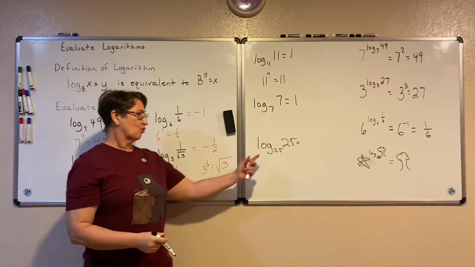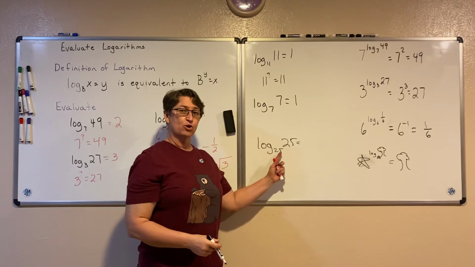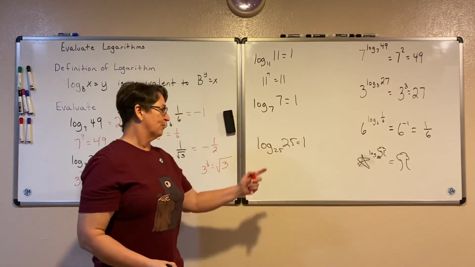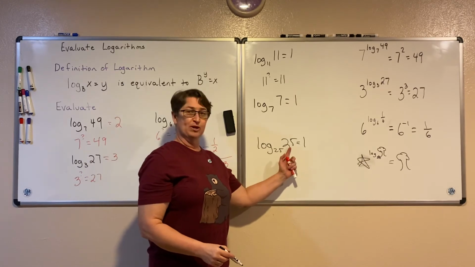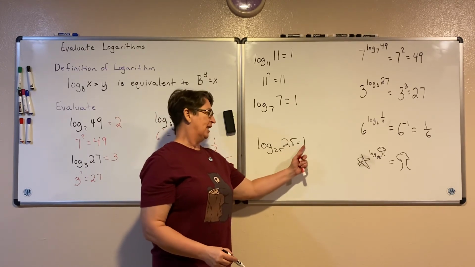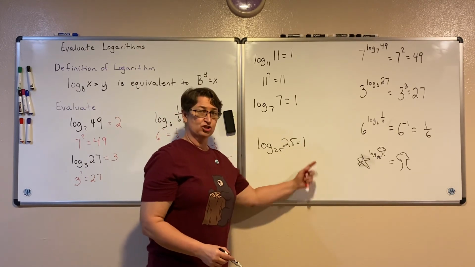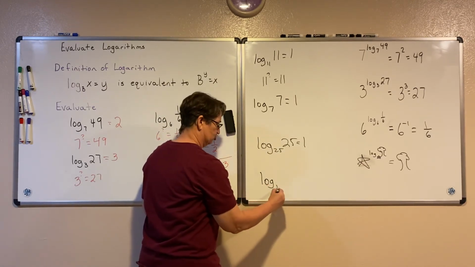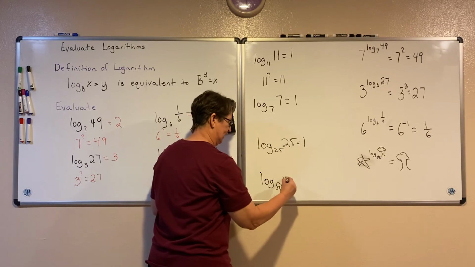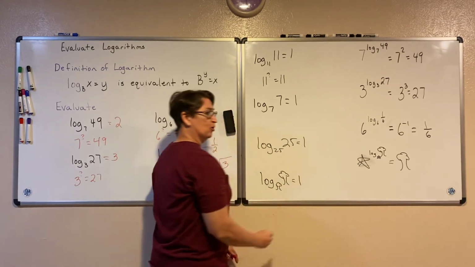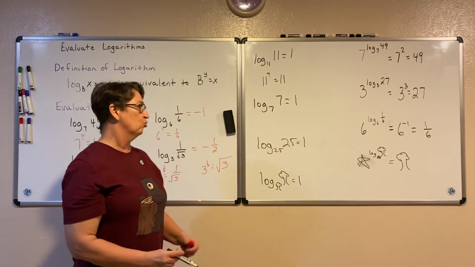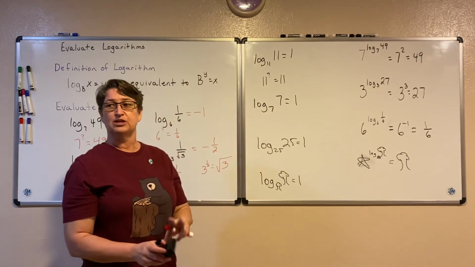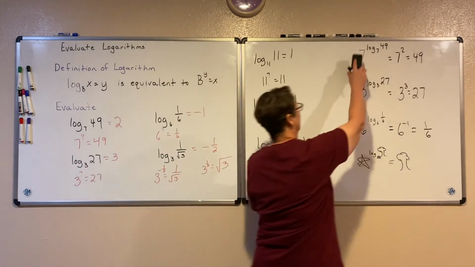Again, 25 to what power gives me 25? It's just the first power. So when my base and my argument are the same, that exponent is just going to be 1. So if I have log base tree of tree, I know my exponent is just going to be equal to 1.